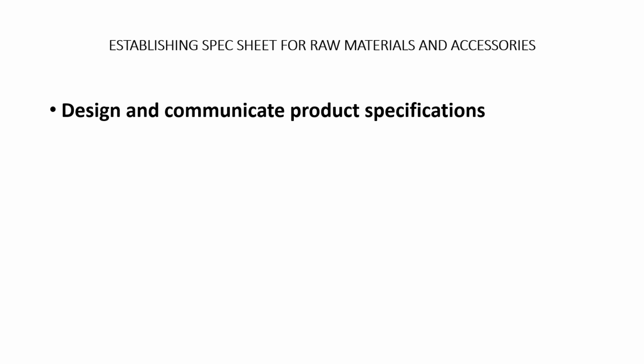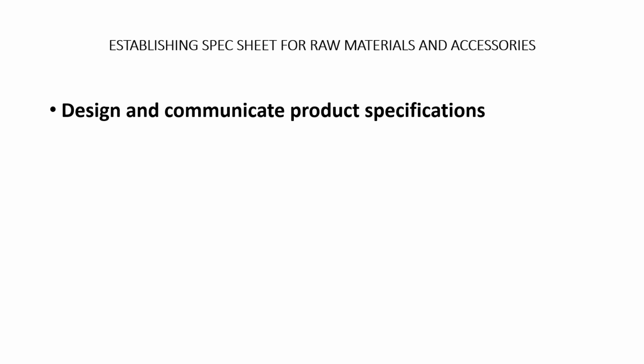Now designing and communication play an important role for such a product, because when a particular retailer is placing the order in different countries with different factories, they must communicate well. What are the things they will communicate? The design of that garment, okay, the specifications of that garment, the material to be used in that garment.